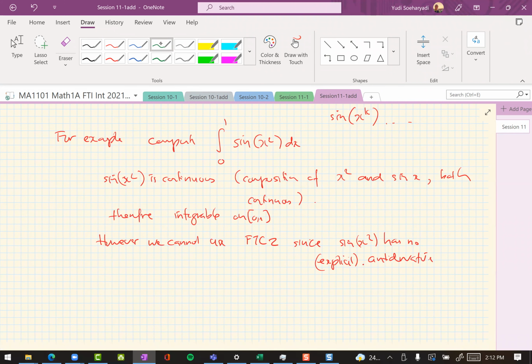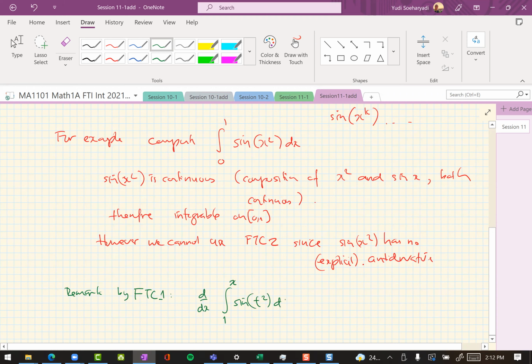By the way, just note here, by FTC1, if we have the integral of sine t squared dt, well, that's continuous, and the lower bound is constant, the upper bound is the variable x.